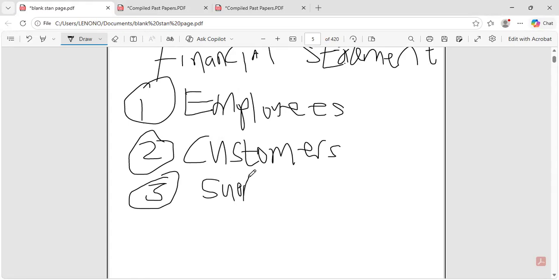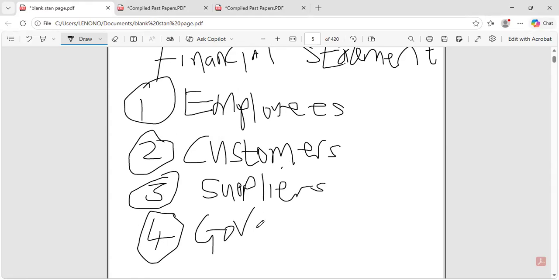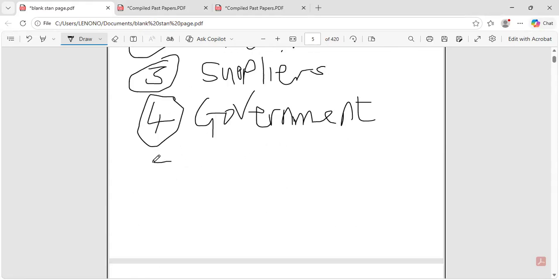Yes. We also have shareholders and lenders. We have the government, and shareholders.